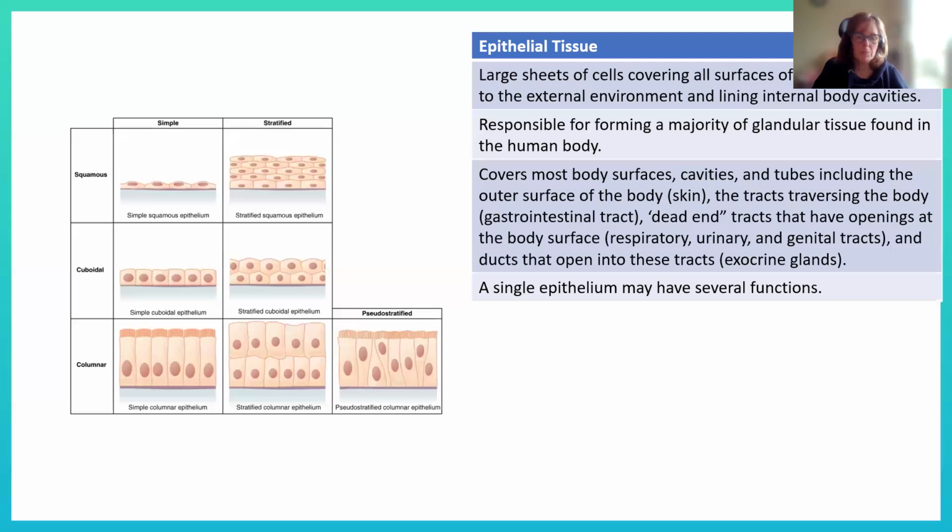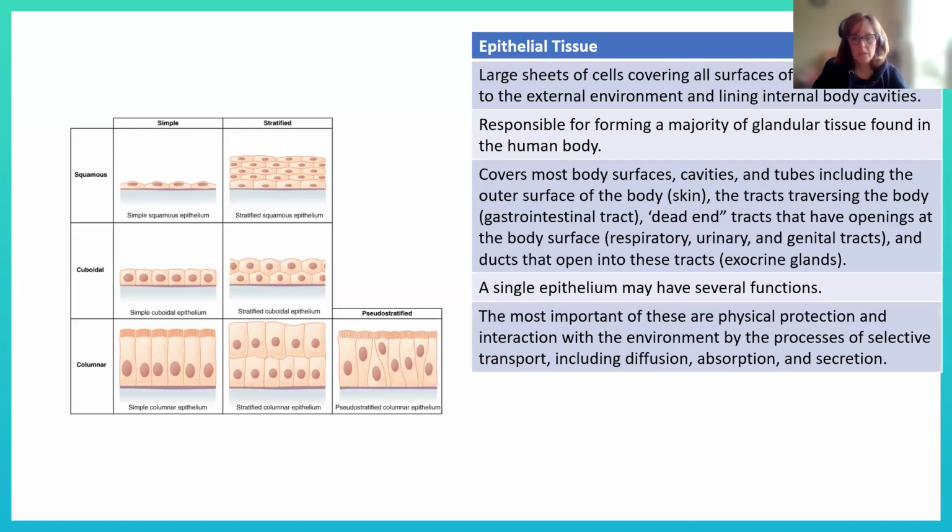So single epithelium might have several functions. It might be structural, forming a layer as a barrier for protection. There might be lots of different roles that it's carrying out. But the most important of these is the interaction with the environment. So exchange surfaces, I keep talking about. We're exchanging things like oxygen and carbon dioxide in the lung, all of the nutrients that we're taking on in the digestive system.